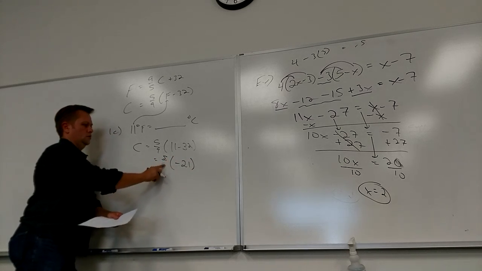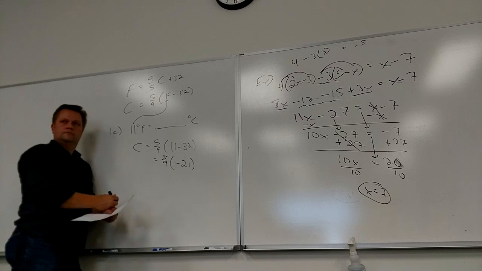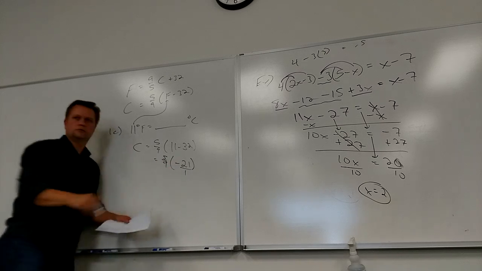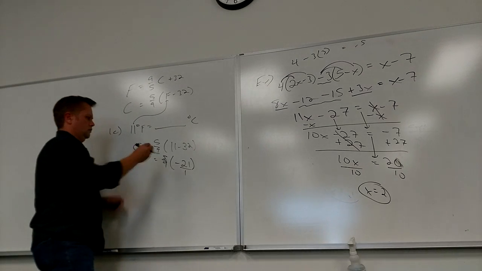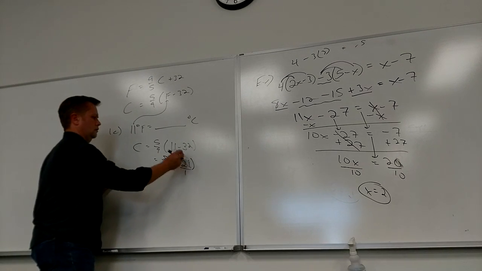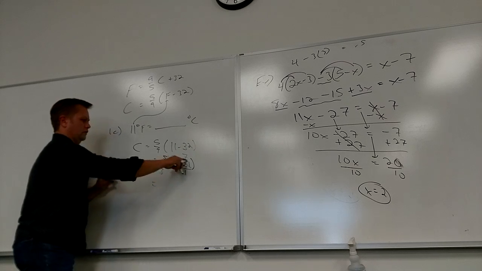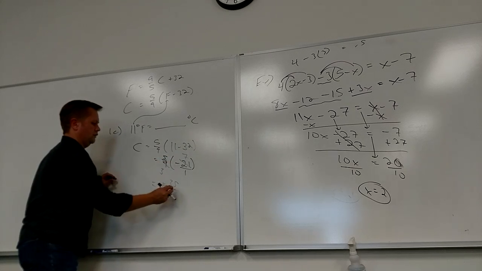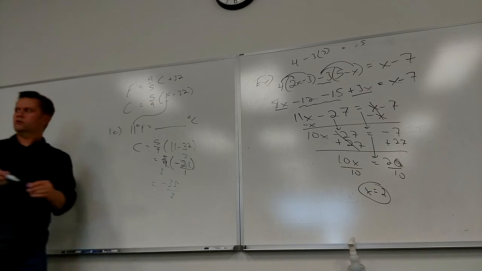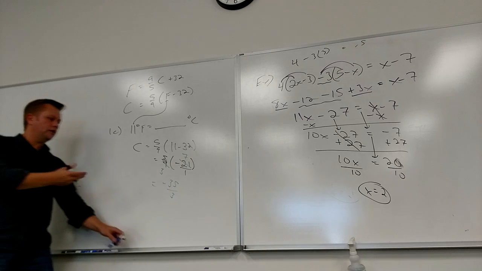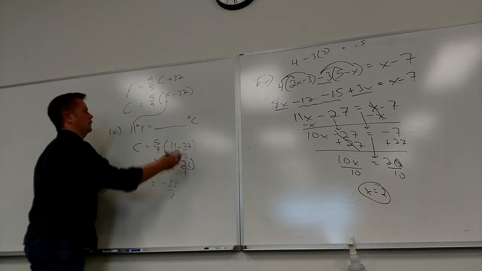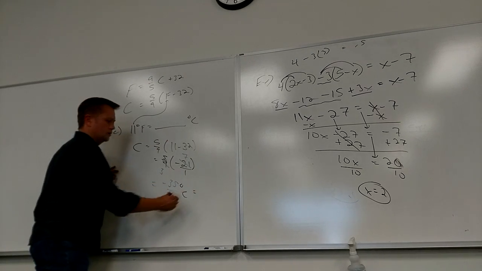Now, to be honest, right here, 3 goes into 9, 3 and 7. So I get negative 35 over 3. And if you wanted to, I didn't really say, so negative 35 over 3 degrees Celsius.